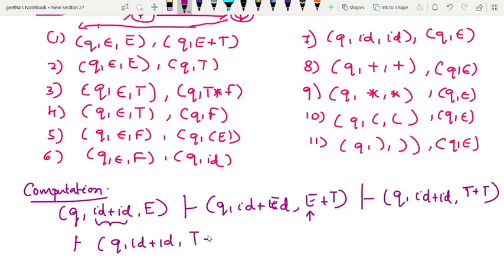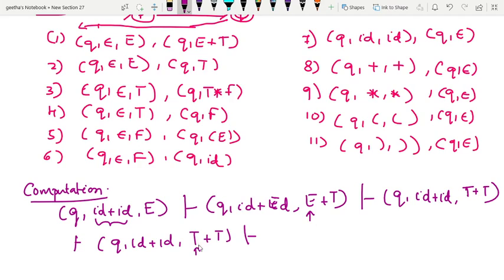Now again T plus T. Here the pointer is at this place, T gives F. T can give you two options: T gives F, and T gives T star F. Which one will I prefer?